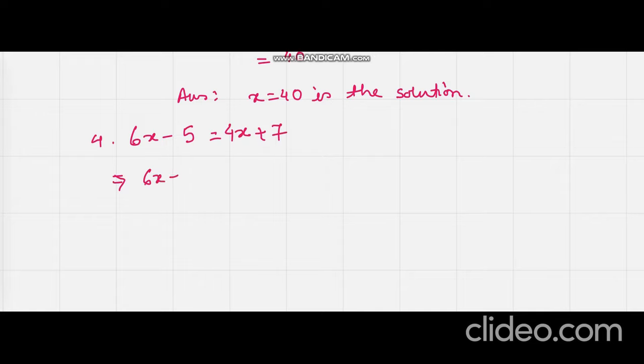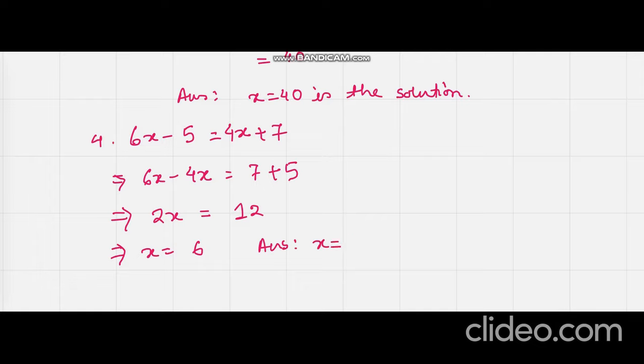So 6x minus 4x, since we have 4x as positive in the right hand side, whenever we are transposing, we have to change the sign. And here we have minus 5, so when we change the side, you have to change the sign. So 7 will become 7 plus 5. So now it is 2x equal to 12. So x equal to 6. So the answer is x equal to 6 is the solution.